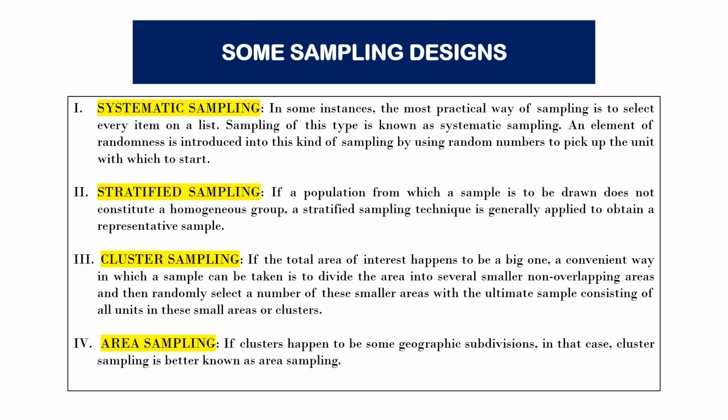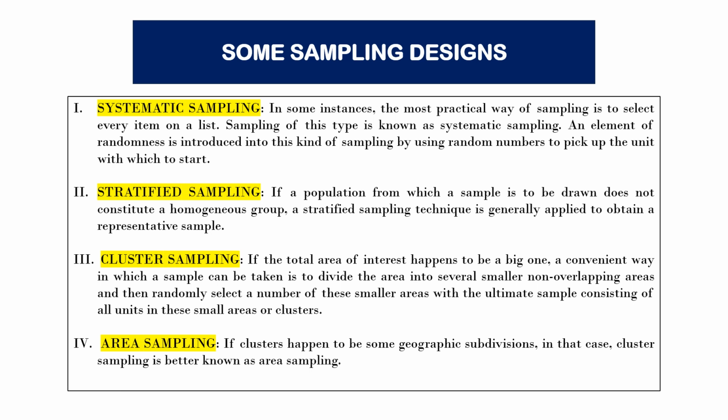There are also some disadvantages to this type of sampling. If there is periodicity in the population, then systematic sampling cannot give the correct data.